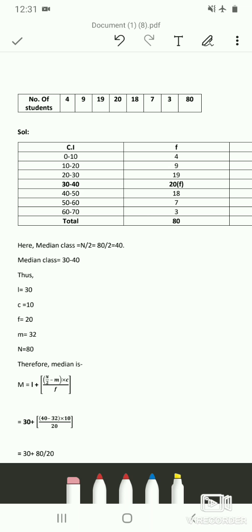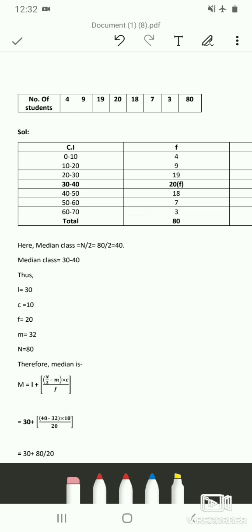So remember, for median class, the formula is capital N upon 2. This is not the value of the median. This is the value of the median class. Median class is nothing but the class interval where the median lies. So don't get confused between the discrete case and the continuous case.